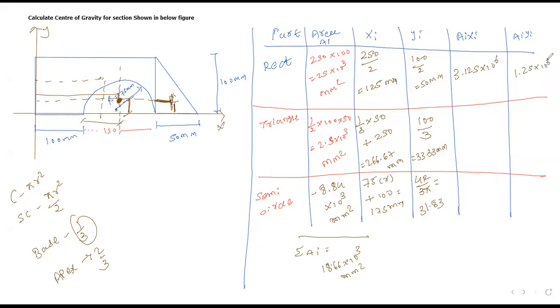Then 2.5 × 10⁻³ multiplied by 266.67. You will get 666.675 × 10⁻⁶, 666.675 into 10⁻³. Here your answer will be 83.325 into 10⁻³.